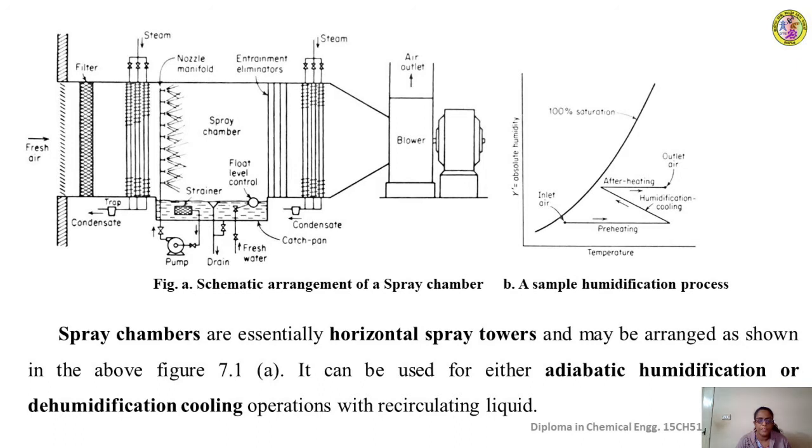As the name itself says, it essentially consists of a chamber where water is sprayed in the form of droplets by means of nozzles, and the air is passed through these water sprays, and due to the contact between the air and water, the water gets evaporated and air gets humidified.